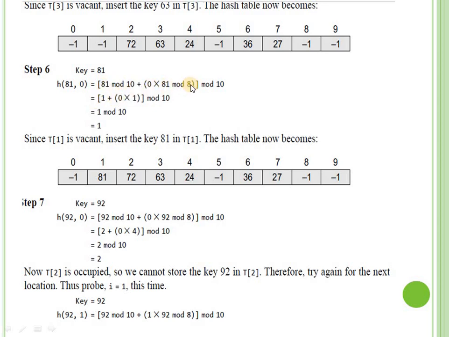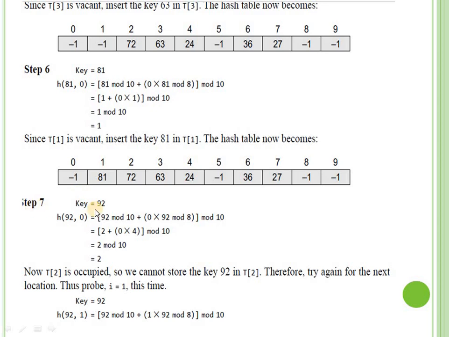Plus 81 mod 8 is 1, and 1 into 0 is 0. So 1 mod 10, and we got the answer 1. So we have to check whether T of 1 is vacant or not. Here T of 1 is vacant. So we store this key 81 at location T of 1. Here we are storing that value.